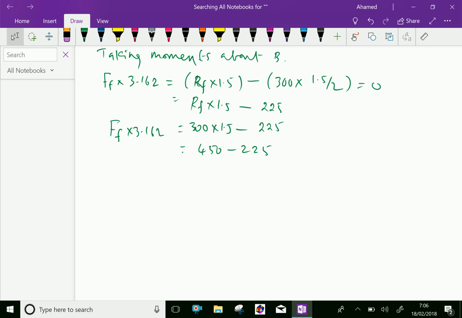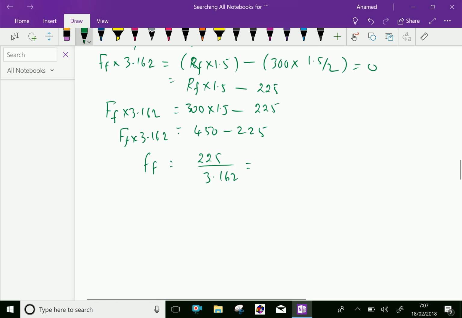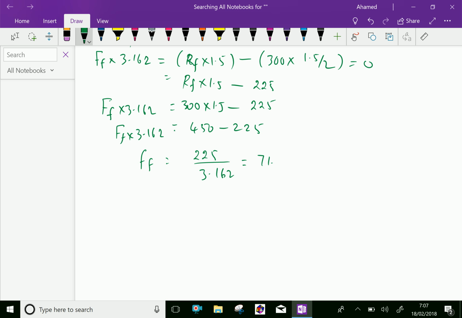So FF into 3.162 equals 450 minus 225, that is 225, so FF equals 225 over 3.162, which is 71.157 Newton.